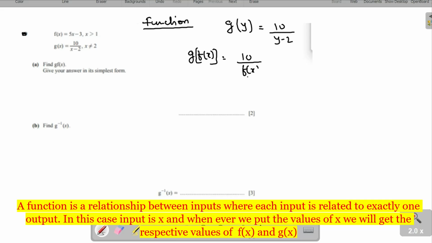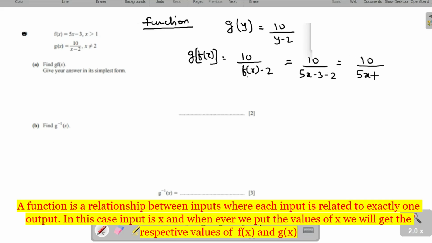So x is replaced with the value of f of x. What is the exact value of f of x? It is 5x minus 3. So I put 5x minus 3, minus 2. Minus 3 and minus 2 are like terms, both with the same sign, so we add them. Our answer will be 5x minus 5.